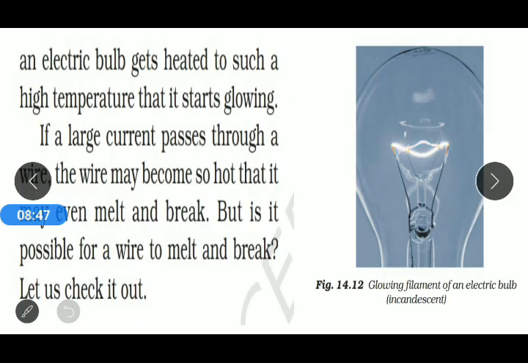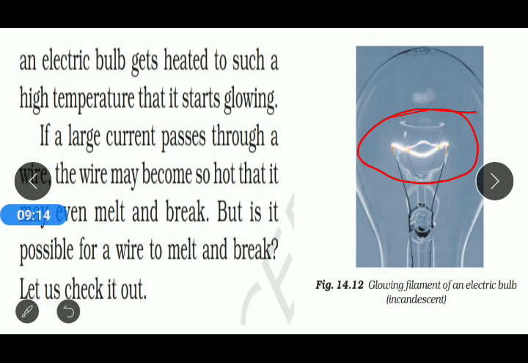In that picture, if I want to show you, the end circle part is known as the filament. A filament is a type of wire in which, when the electric current flows, it gets heated, and when it gets red hot, that heat is turned into light.